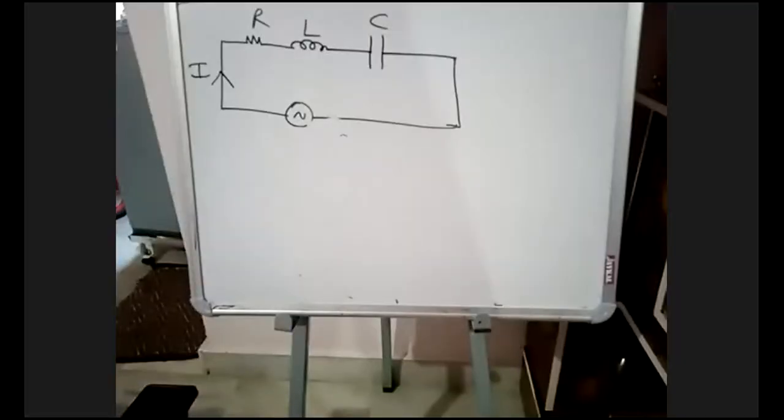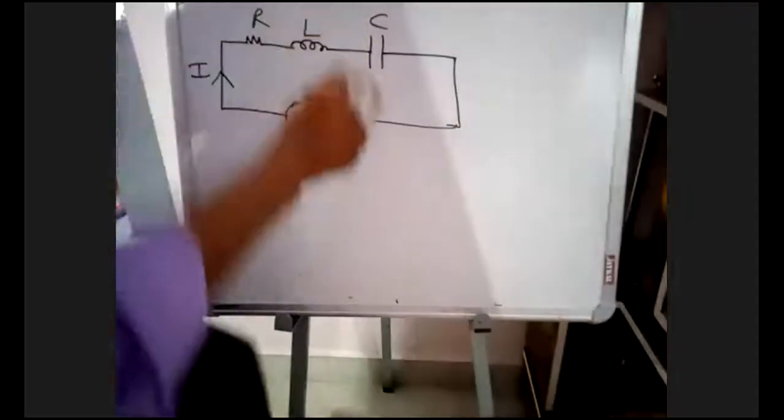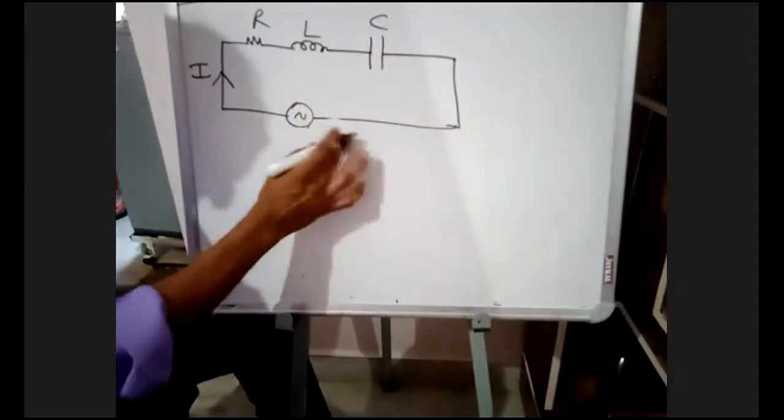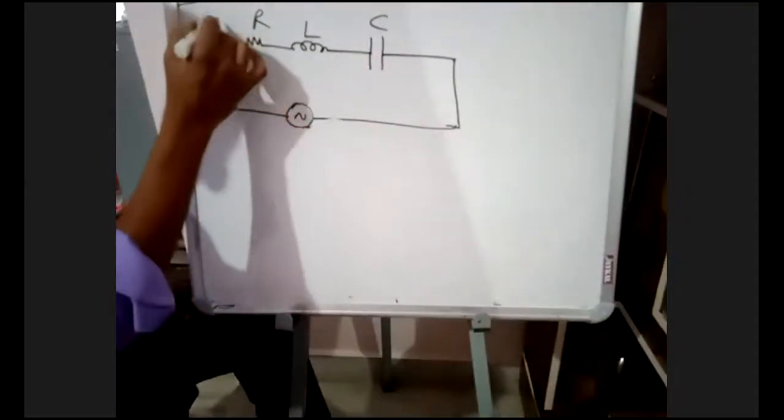Now they have given R is equal to 20 ohms. Draw the circuit.